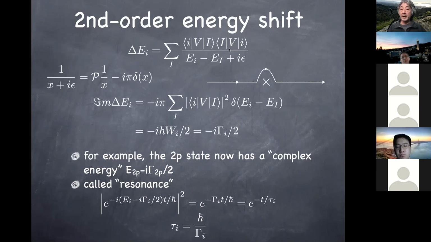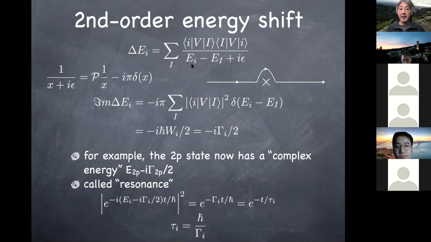So the numerator is manifestly real. So the only thing that can be imaginary in this expression comes from this iε, and therefore this piece of the delta function. So looking at the imaginary part of how the energy of the 2p state would change by second order perturbation theory is given by this expression over here. This denominator is what corresponds to this identity.